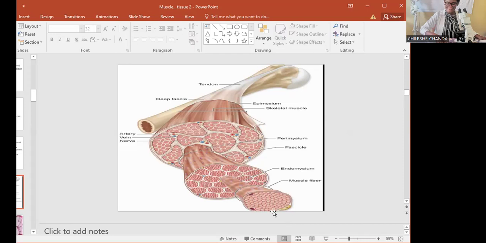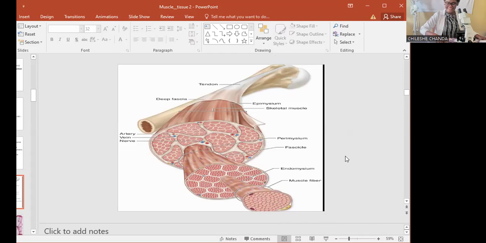So the microfilament will run from, if this skeletal muscle is this long, from one end to the other end. They'll be interconnected microfilaments, which will appear to be one line all the way from end to end.